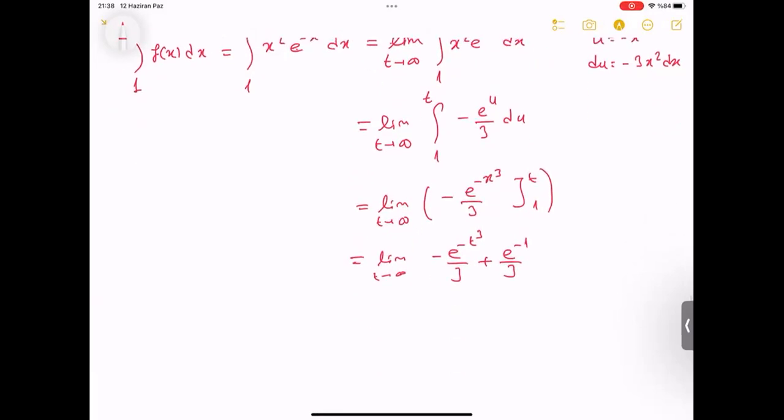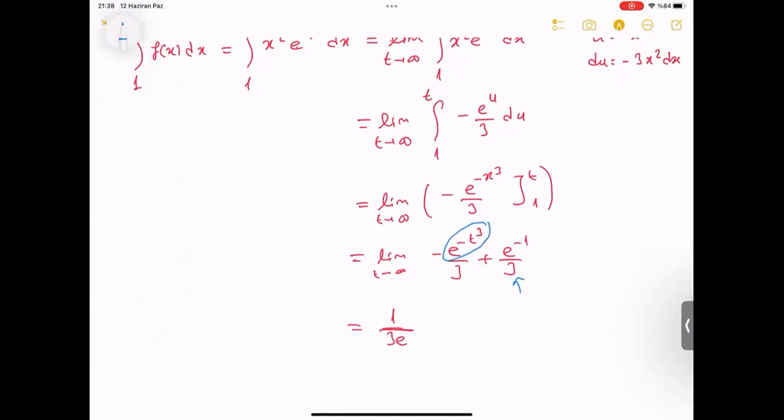When t is approaching infinity, we will get 1 over 3e. Why? Because this is just a number. Look at this part: it is equal to 1 over e to the t cubed.